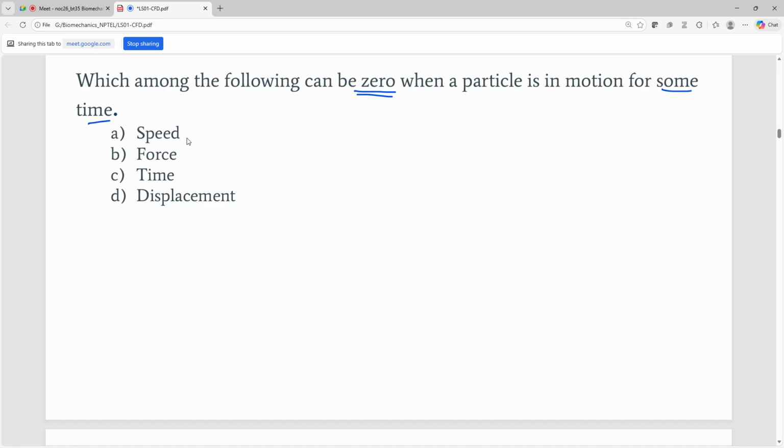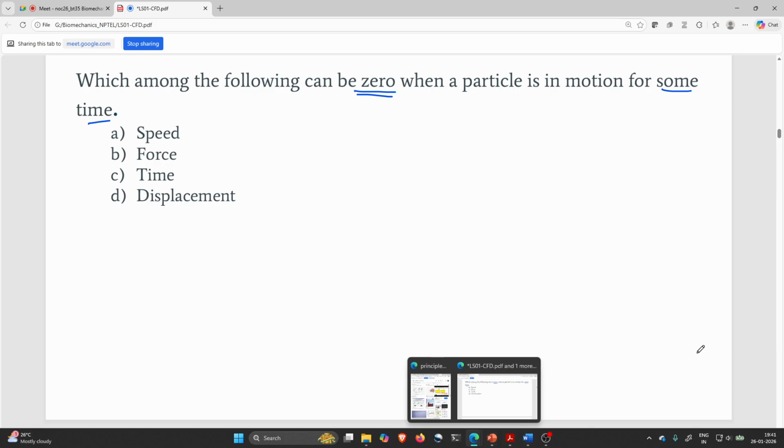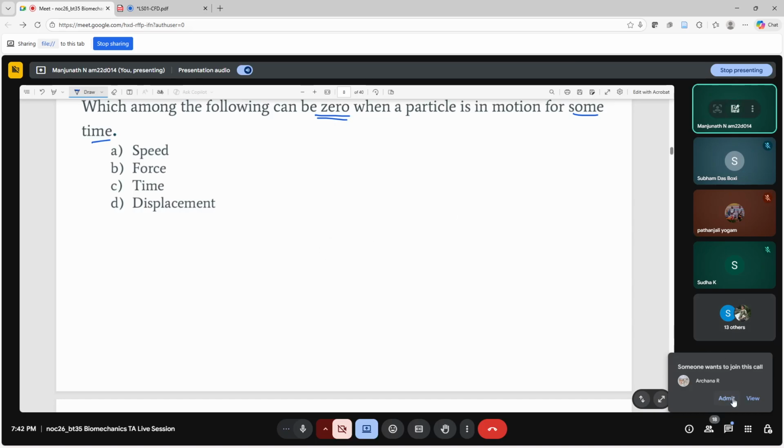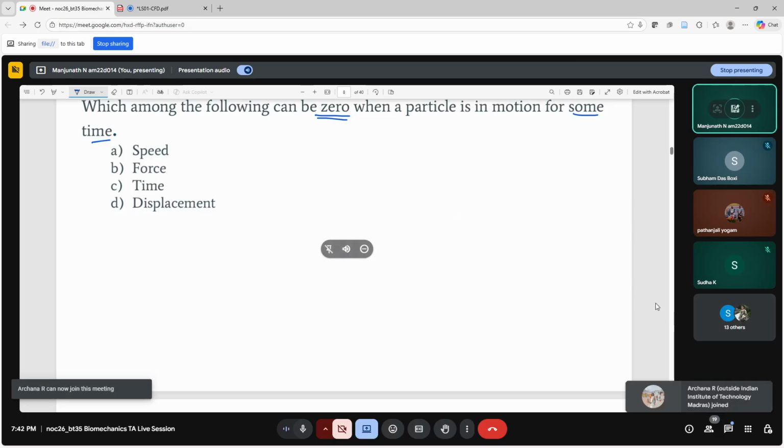Options are: option A, speed; option B, force; option C, time; option D, displacement. You can inbox your answers.